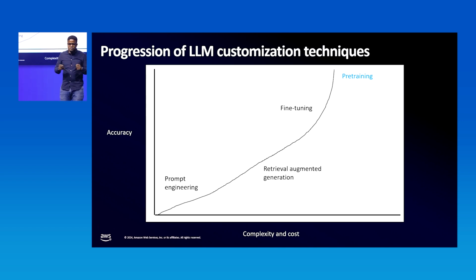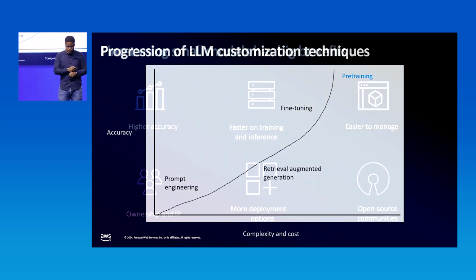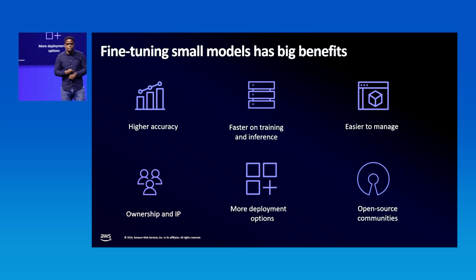So let's see why smaller models have made fine-tuning more compelling. So why has there been a notable increase in the adoption of smaller models like Llama 3 8B and the Mistral 7B for fine-tuning? What benefits do they offer? Besides requiring less compute resources and power to train, fine-tune, and deploy, these models also result in improved performance.